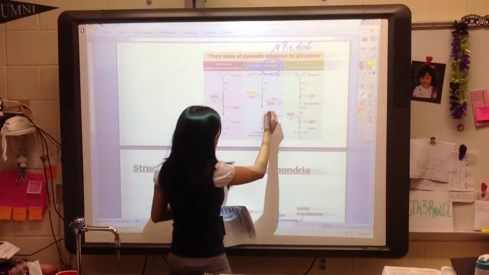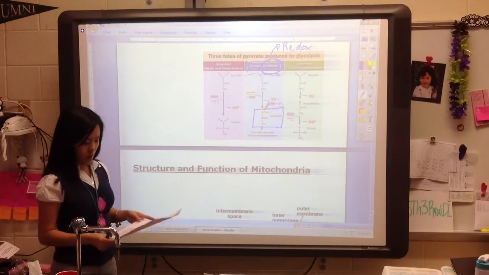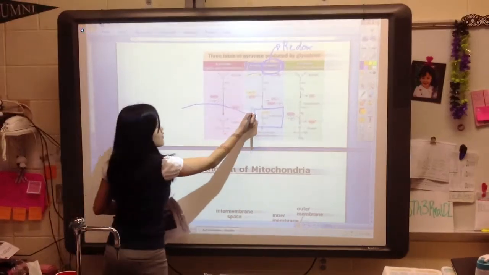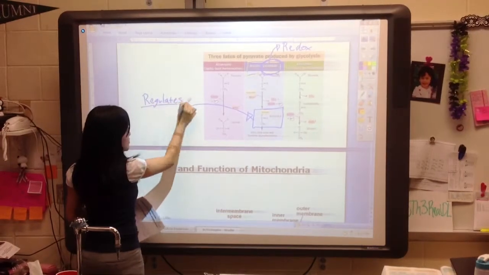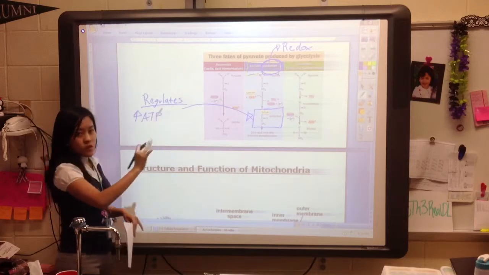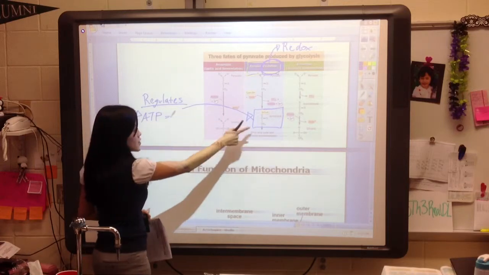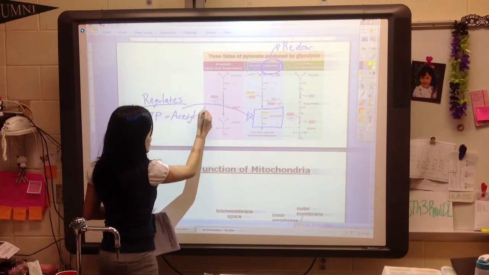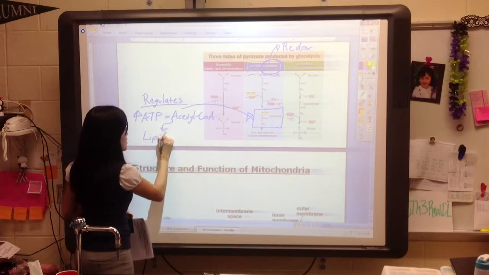The one really important thing here is looking at this acetyl-CoA molecule. We're going to talk about how this molecule can actually act as a form of regulation. We'll see this molecule later on, but I want to mention this now. When there's a lot of ATP available, acetyl-CoA will actually go through lipid synthesis.